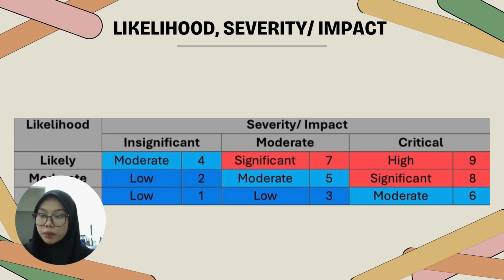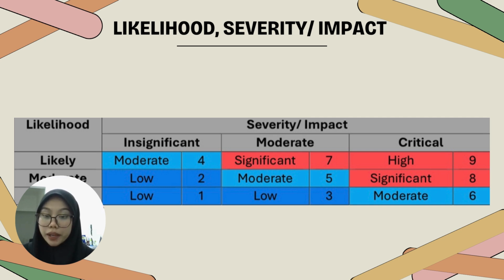Likely means a common or repeated occurrence, one that has happened before several times. Moderate means the possibility of the halal status being affected might occur sometimes, but it is not as common as likely. And the last one is unlikely, which means the possibility of it happening is rare.